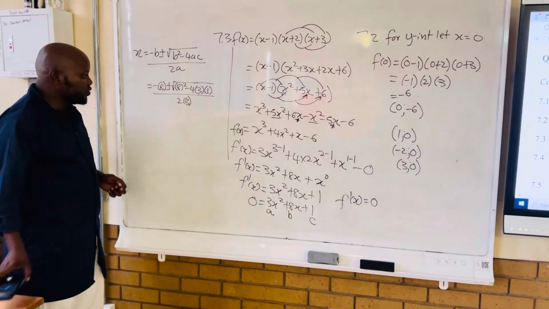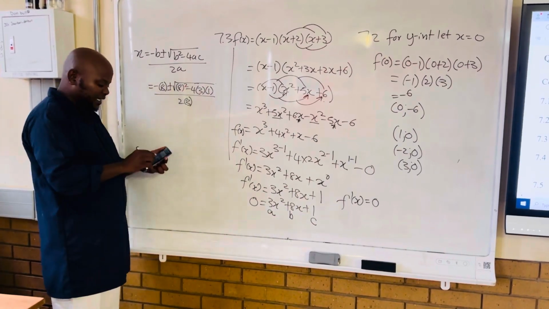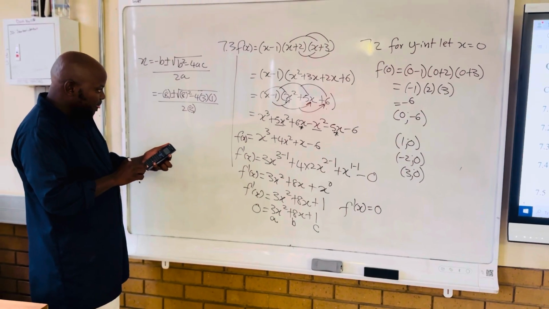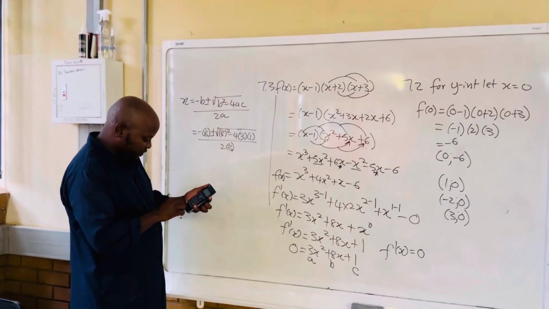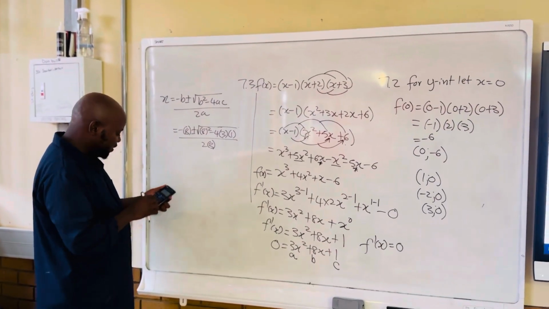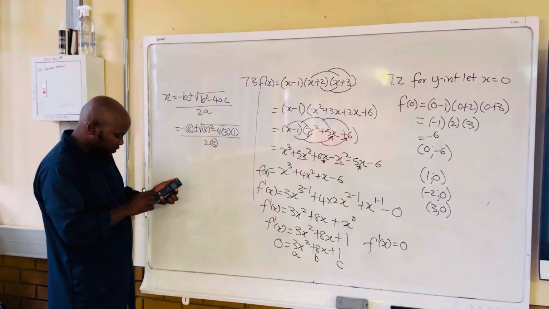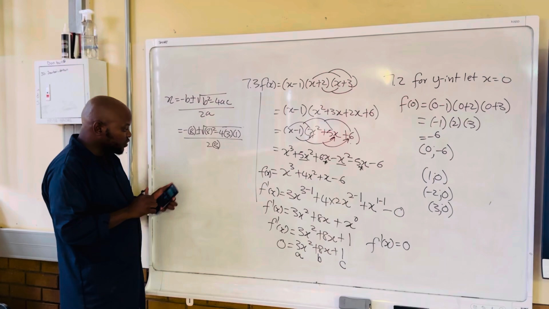What are we going to do now? We just simplify what is under the radical sign. You're going to have 8 all squared minus 12, which is 64 minus 12, equal to 52.